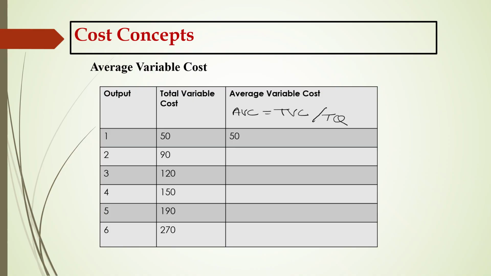Again, when total variable cost is 90, 90 divided by total quantity, which is 2, my average variable cost is 45. Then total variable cost is 120 divided by 3. So my average variable cost is 40. Again, total variable cost is 150 divided by 4.